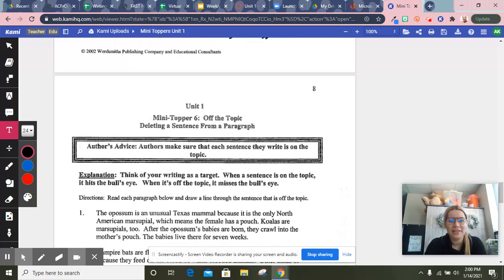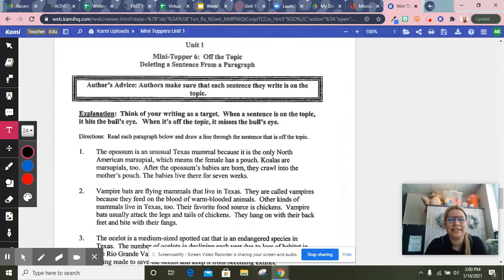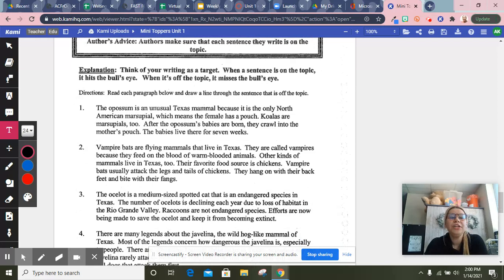So now let's keep going. And last one, deleting a sentence from a paragraph. When you're writing, you think of a target. When a sentence is on topic, it hits the bullseye. When it's off topic, it misses. So whenever you're writing, you want to make sure that everything flows and goes together. You don't want to be talking about sandwiches, how awesome they are, grilled cheeses, ham sandwiches, turkey sandwiches, pancakes.